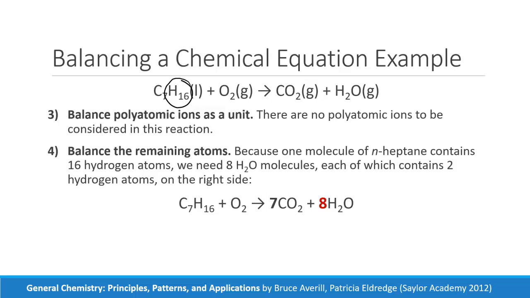So if we place an 8 in front of H2O, you have for hydrogen, 8 is your coefficient, times 2 is your subscript, and 8 times 2 gives you a total of 16. Okay? And we have 16 hydrogens on the reactant side, 16 hydrogens on the product side, so we are balanced for the carbons and the hydrogens.